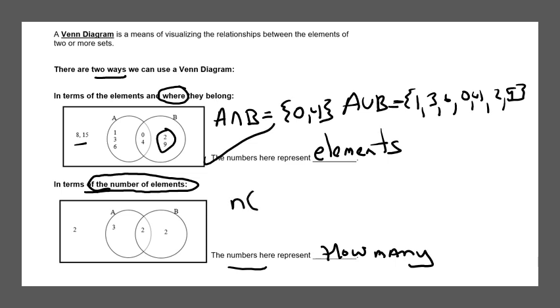That is, the number of elements in the universal set is 9 here. I'll just point out a few other things. The number of elements that are only in A, 3. Elements only in B, 2. Elements in A and B, 2. Elements in A or B, 3, 5, 7. Got it? Now we'll move on to working with Venn diagrams in terms of the number of elements.